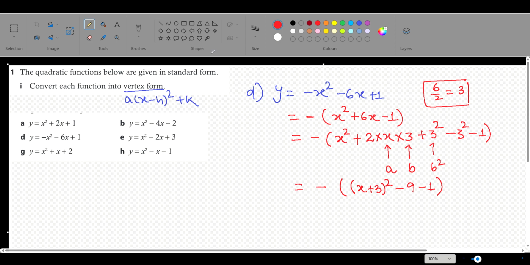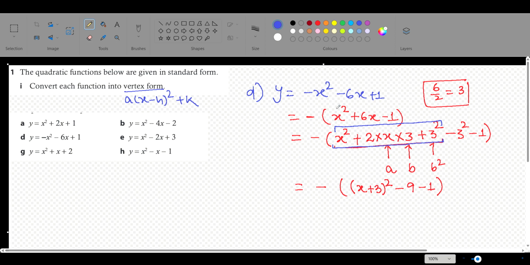If you see the first three terms, this is the expansion of a square plus twice of ab plus b square, isn't it? a square is x square, twice of ab is 2 times x times b, and then b square is 3 square.